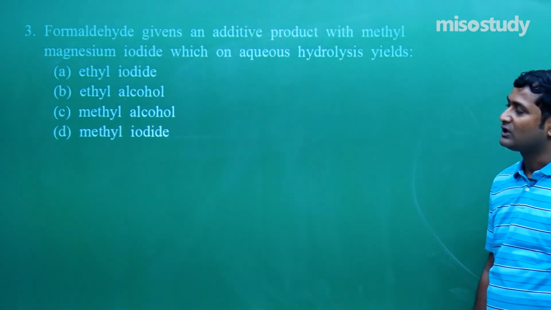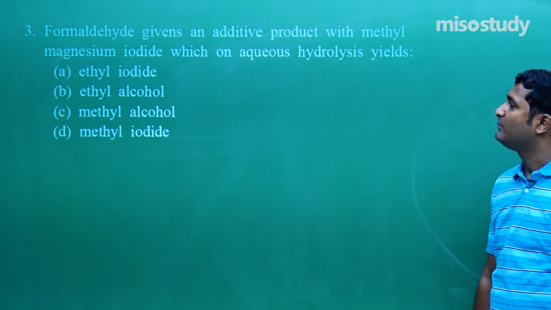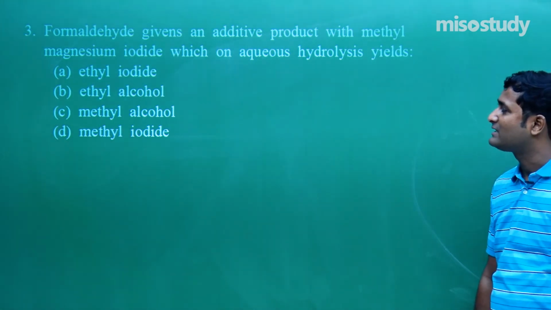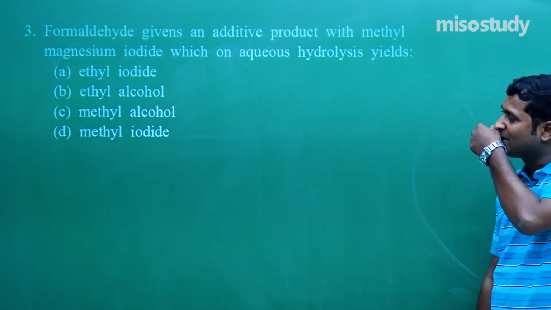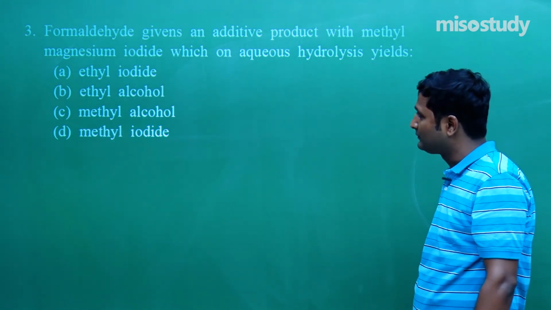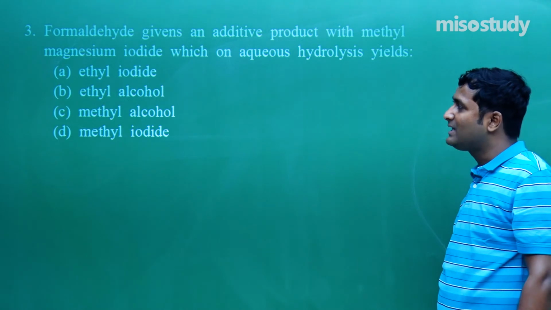Yes. For question number 3, formaldehyde gives an additive product with methyl magnesium iodide, which on aqueous hydrolysis gives, what I told you, ethyl alcohol. So B is the correct option.